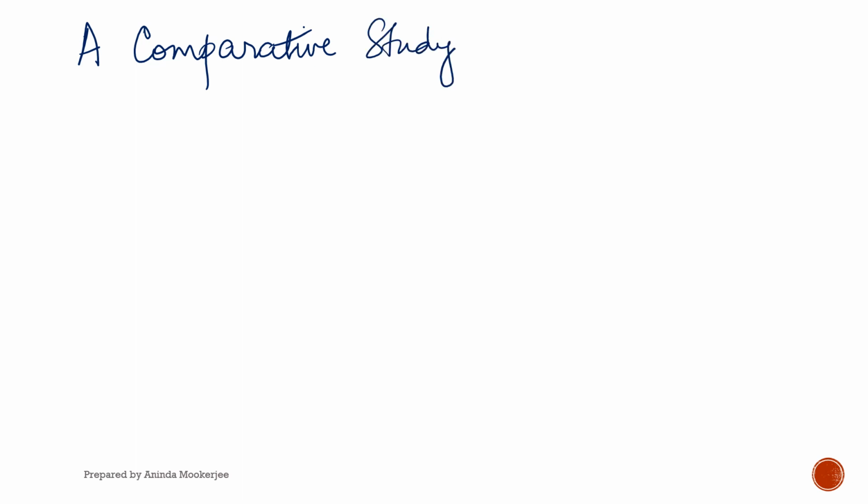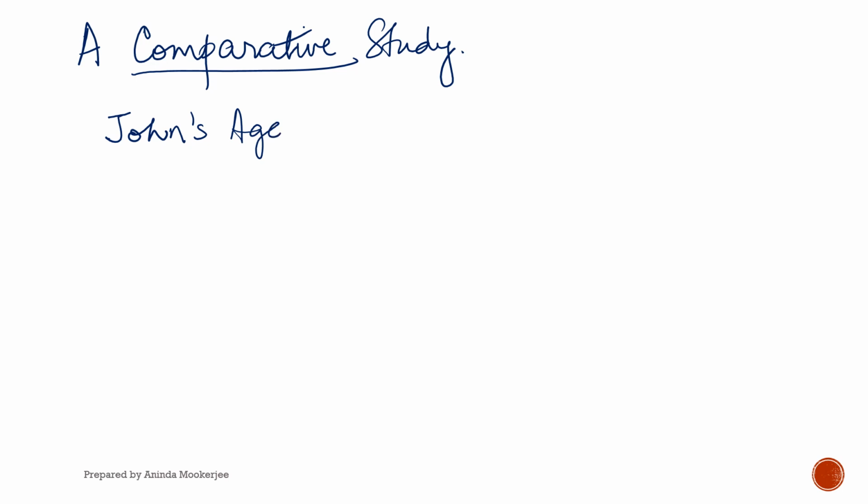Now in this slide, I'm going to show you the approach that we'll be taking to perform a comparative study. Now, when we compare two values, let's say I have two people, John and Ed, and we want to compare their ages.